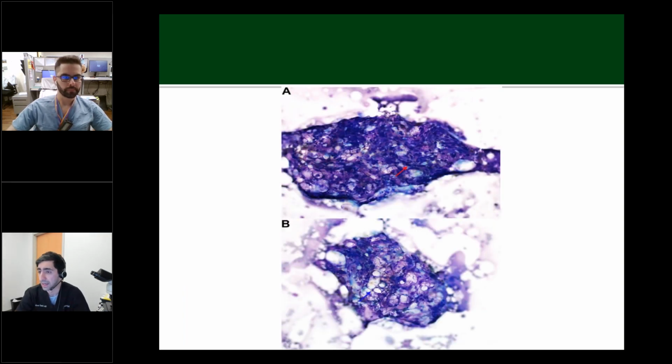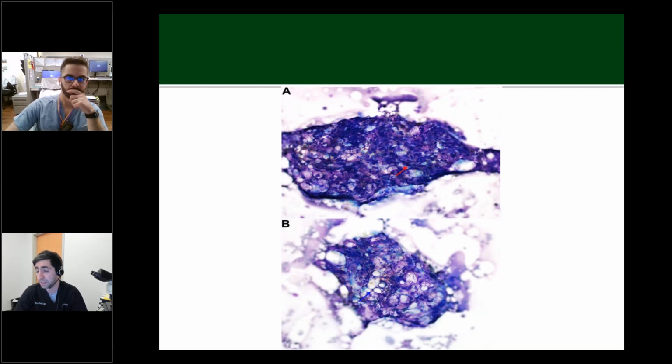This figure, A and B, shows the cytomorphology of renal angiomyolipoma on touch prep of core needle biopsies stained with DiffQuik. In part A, the red arrow points to bland spindle to epithelioid cells with eosinophilic cytoplasm and regular nuclei.